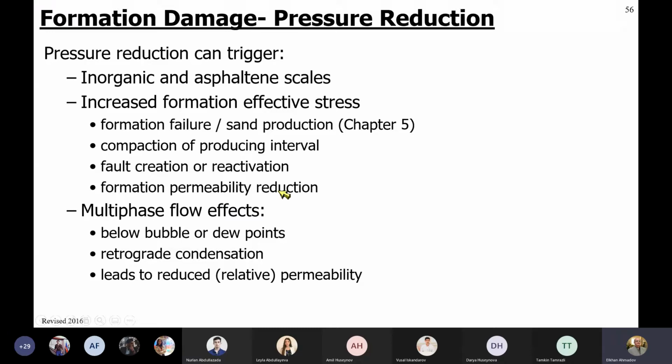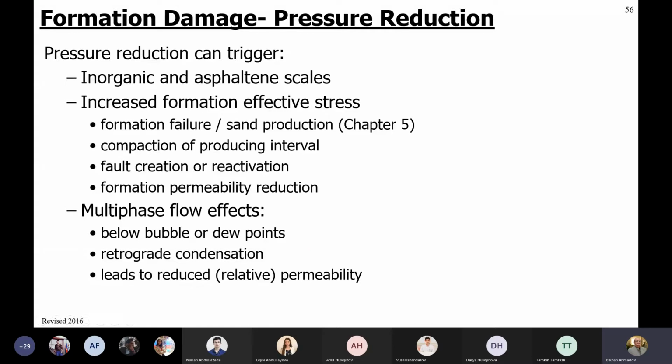And of course, as we talked about, multi-phase flow effect: below the bubble point or dew point, gas in oil reservoirs or condensate in wet gas reservoirs will drop out of the solution and change the relative permeability.